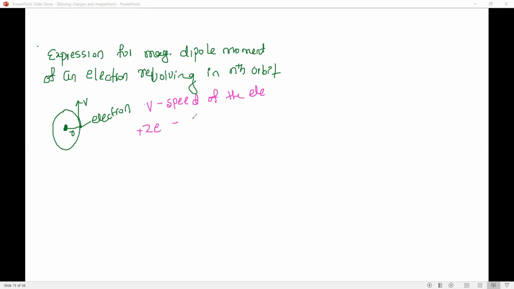Ze is the charge of the nucleus. r is the radius of the orbit of the electron, m_e is the mass of the electron, and e is the charge of the electron.